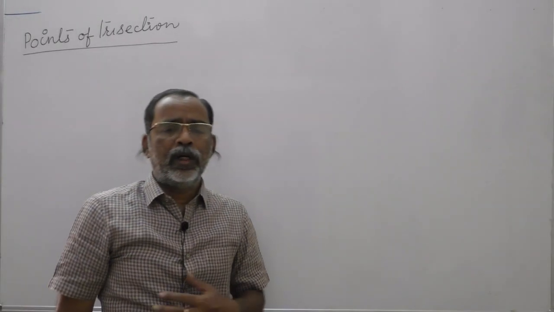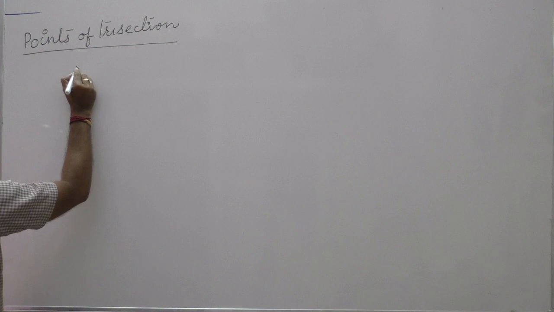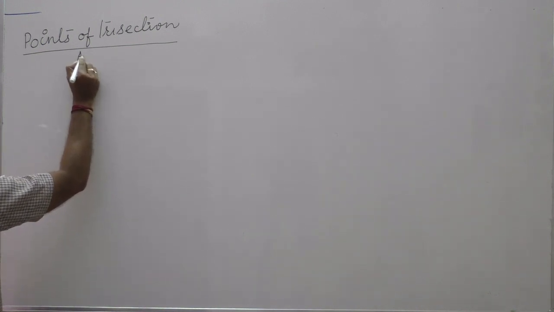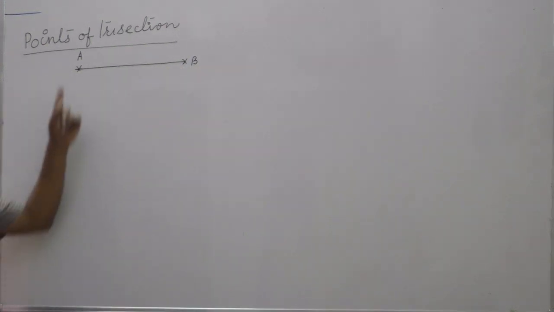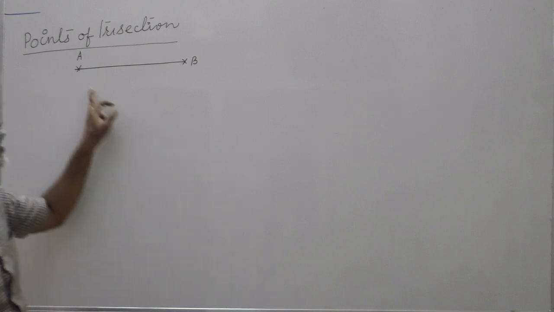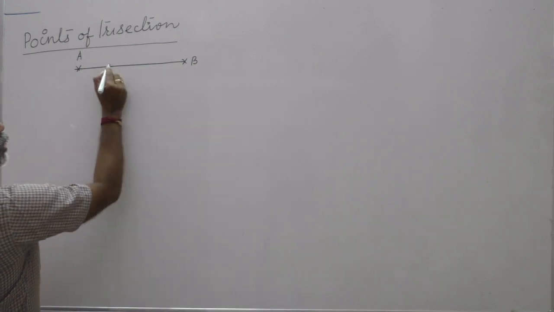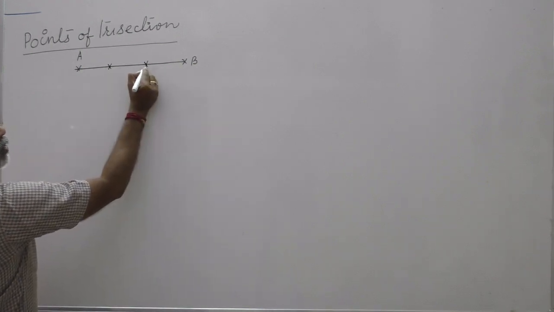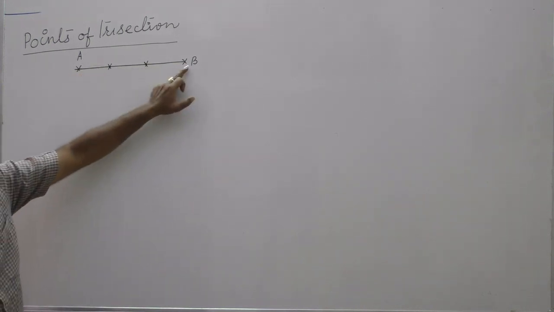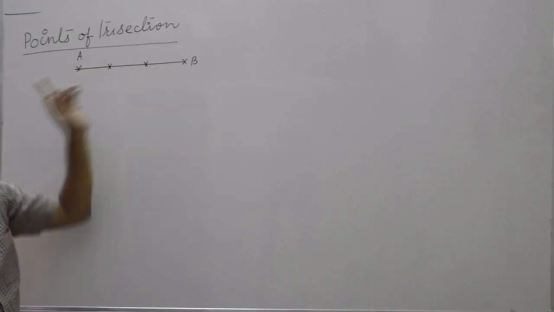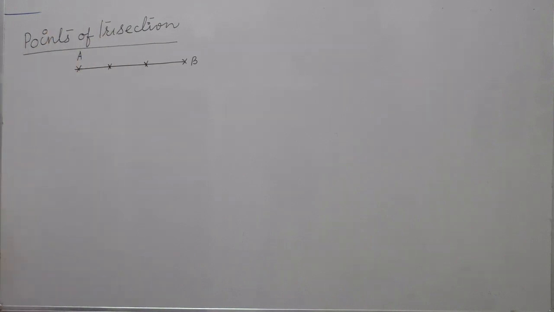Next, points of trisection. What are the points of trisection? If a line segment is given, the points which divide this given line segment into three equal parts are called points of trisection of the line segment.